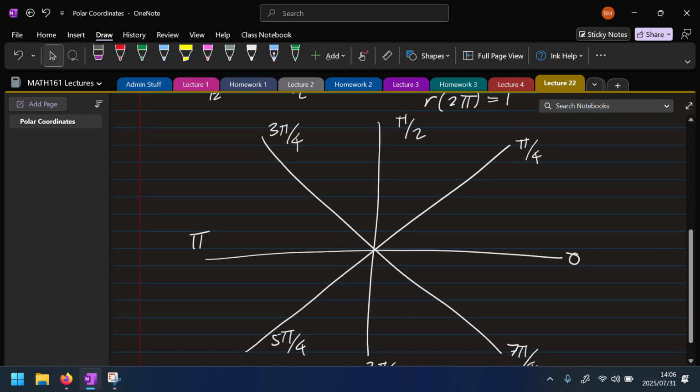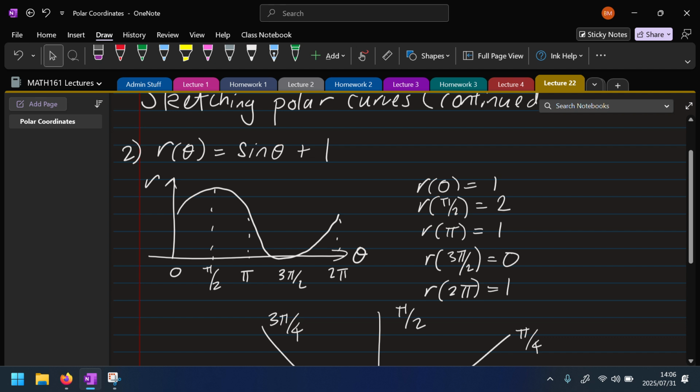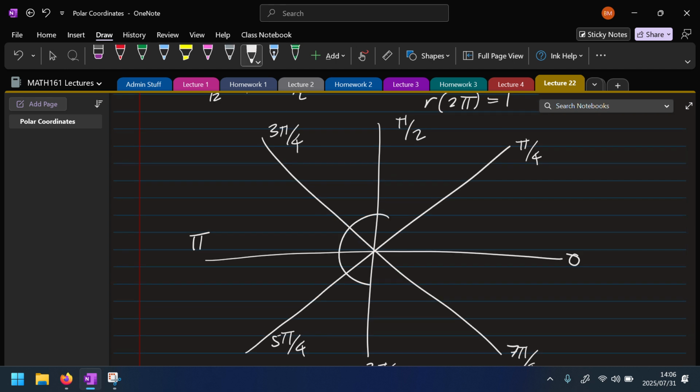What about the concentric circles? Looking at the radius, one of the radii is 1 and the other is 2, so we only really need 2 circles. Let's say one has radius 1, and then a bigger one has radius 2.